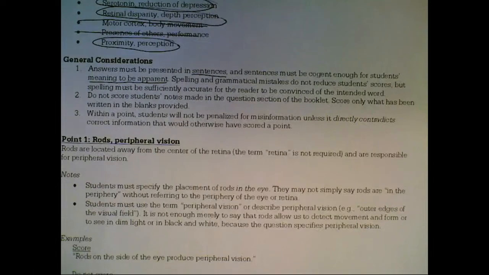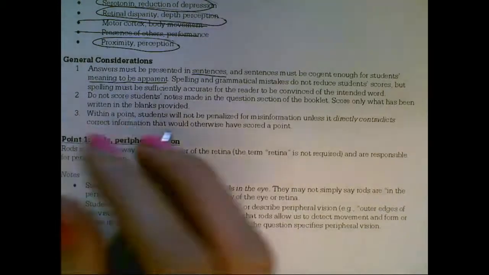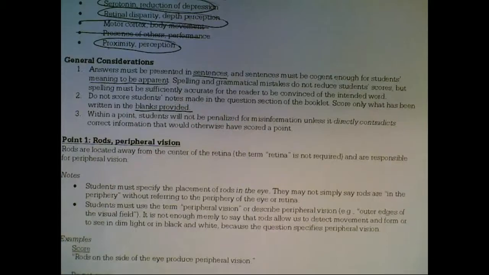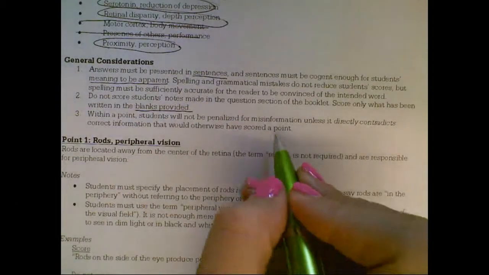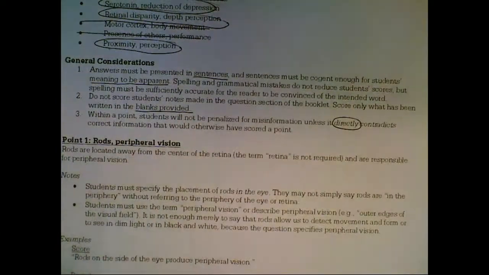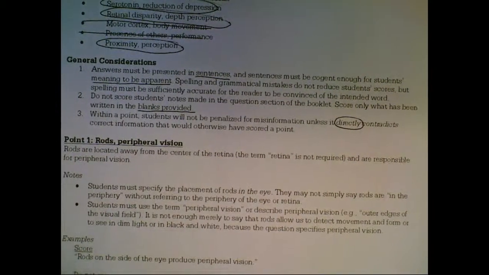Number 2, do not score students' notes made in the section of questions. Score only what has been written in the blanks provided, okay? Within a point, students will not be penalized for misinformation unless it directly contradicts correct information, all right?